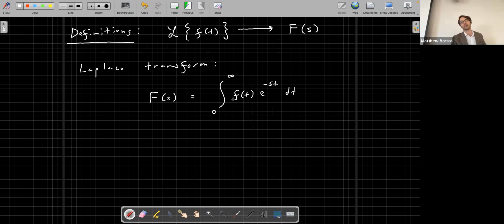So you're taking your function f of t, you are multiplying it by e to the negative st, and you are integrating it over t from 0 to infinity. So the t integrates out, and you end up with a function F of s. And this is taking us from the time domain t to the frequency domain s. Similarly, we will also be using an inverse Laplace transform. And what do you think this does?